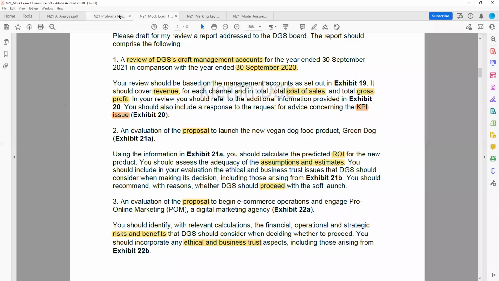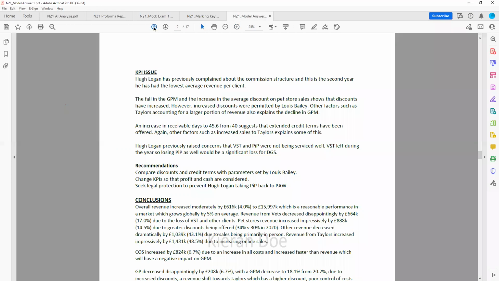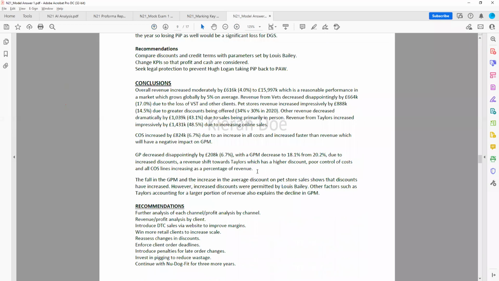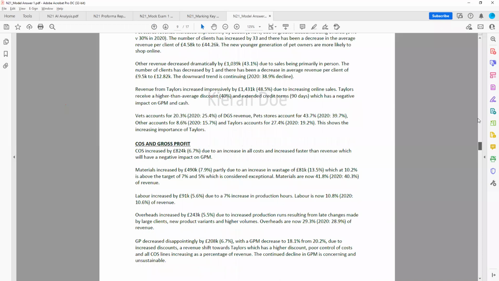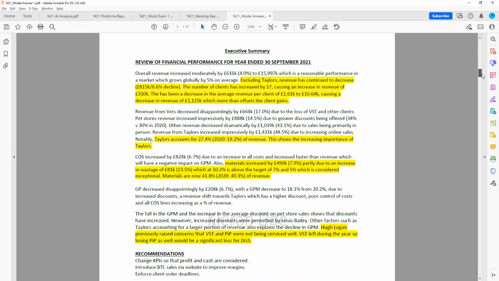I'll explain what you need to do for each section, how to use the pro forma report, what you need to do for each section in the report, how to do the Appendix 1, how to do the conclusions, what you need to have in there, what to not have in there can also be just as important, and then how to do the exec summary as well.